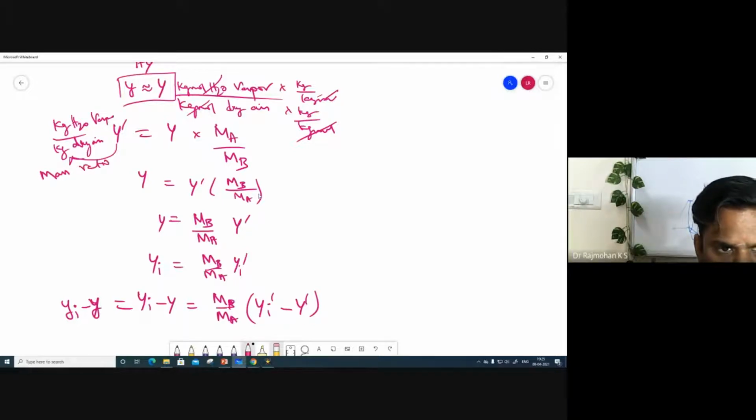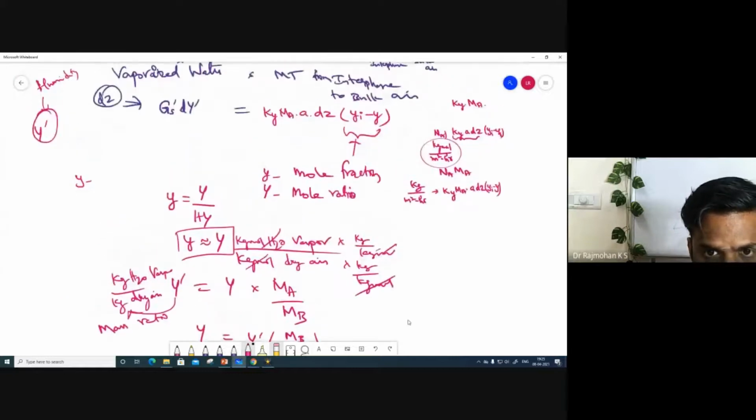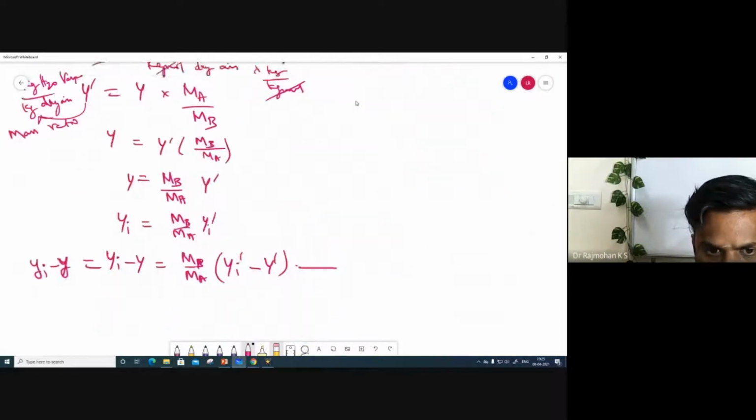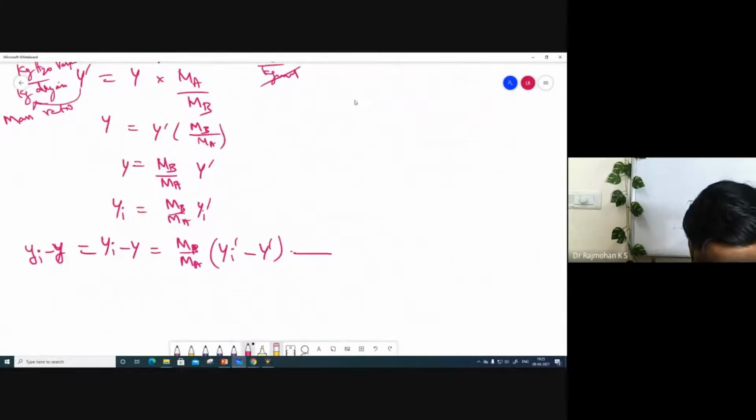Y has the unit of mole ratio, that is kg mole of water per kg mole of dry air. So be clear about this. Let it be a number; we have written 10, so let it be 10A.